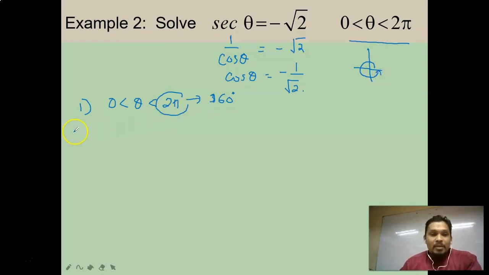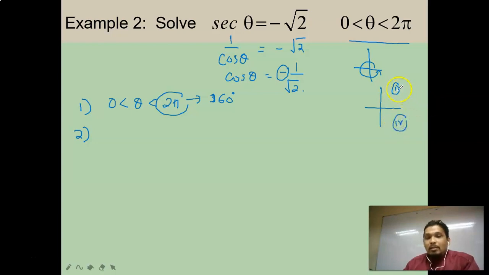Step 2: cos theta equal to negative. Cos positive lies in the first quadrant and fourth quadrant.